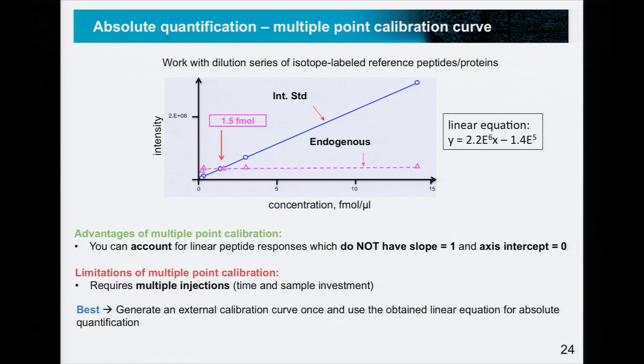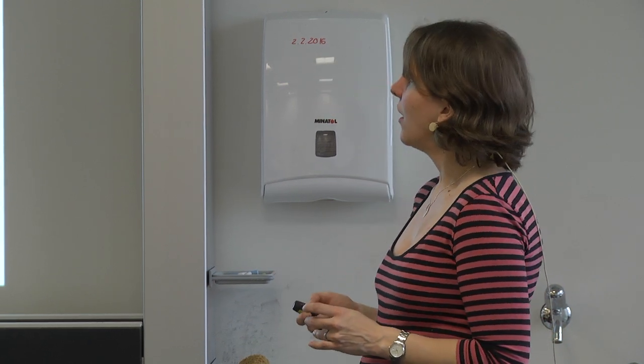So typically what people do is generate an external calibration curve once the synthetic aqua peptide arrives. You make this external calibration curve in your sample background, and from this external calibration you can then use the equation in your follow-up measurements on all your samples, and do not need to do many calibration curves in many samples. Okay, yeah?